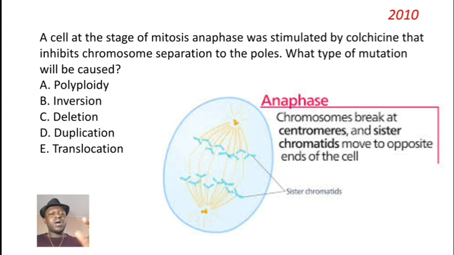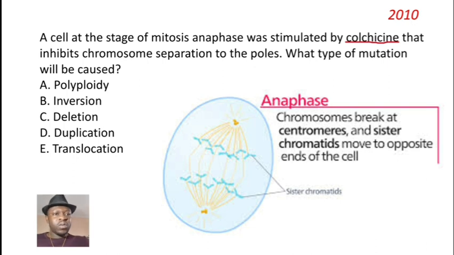But if the culture is treated with colchicine, which is a drug, it destroys the spindles and prevents their formation, so there is no pulling away of these sister chromatids. It means the cell will have more chromosomes than normal, so it's known as a polyploid.